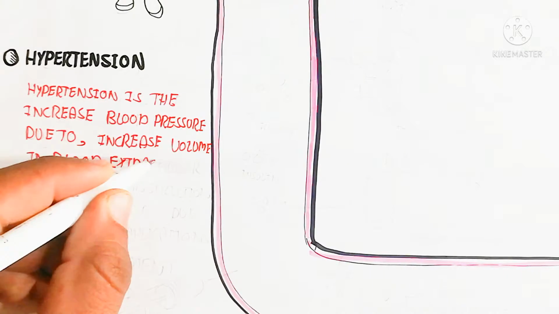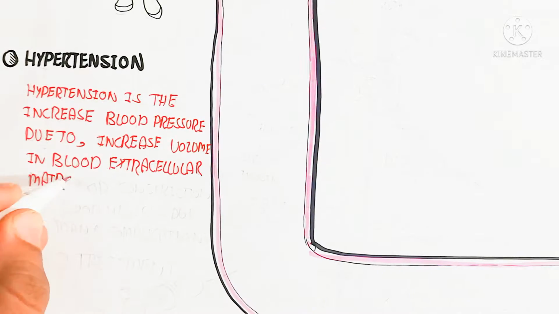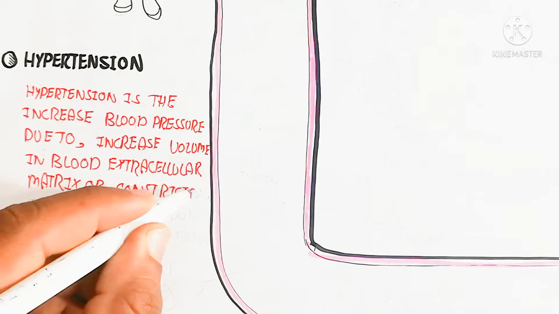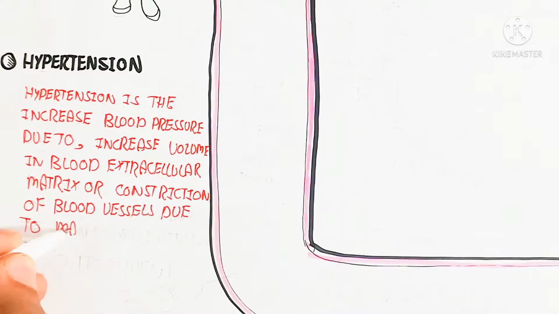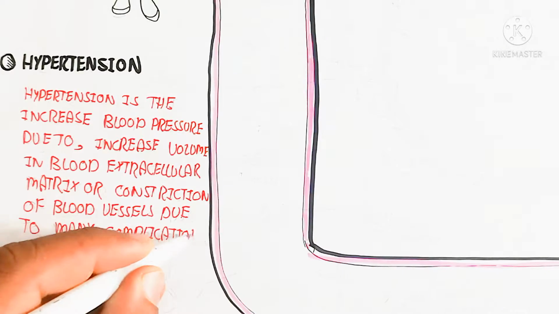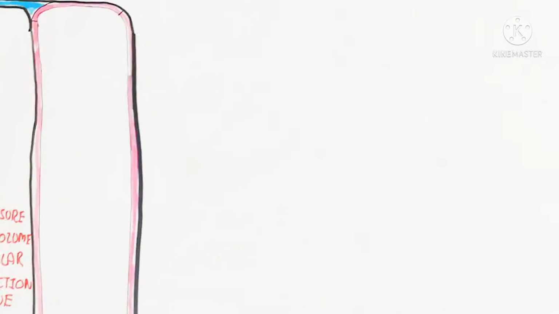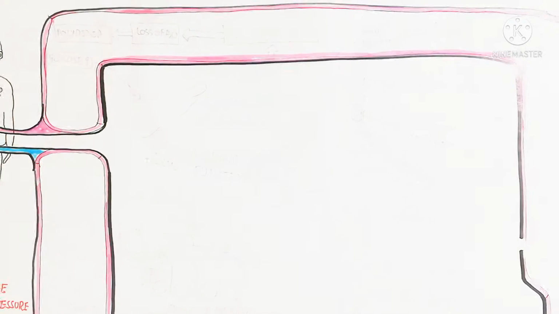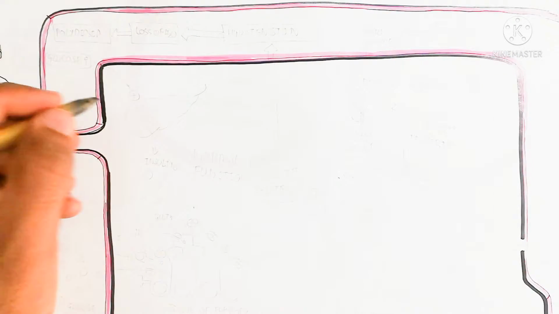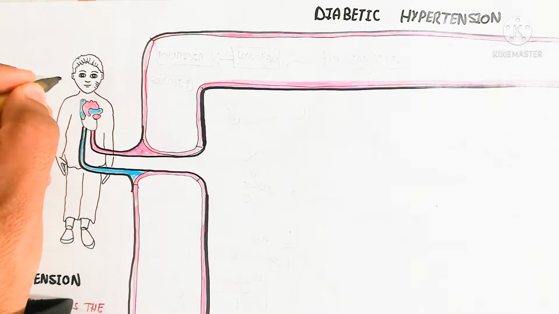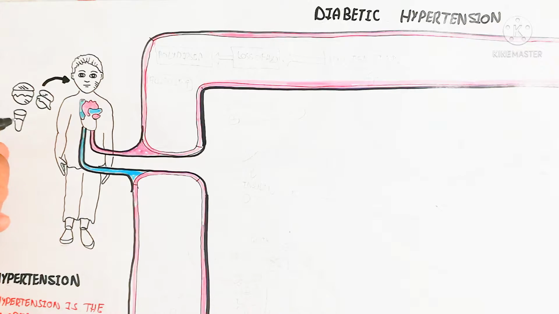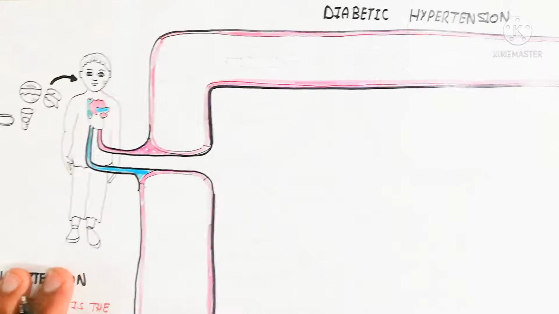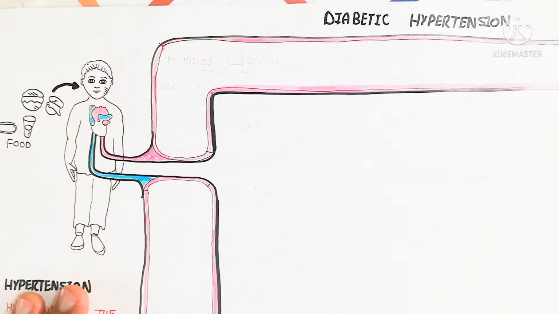There are many complications which lead to constriction of the blood vessel and increase the volume in the blood and extracellular matrix, while the inside of the blood circulatory system contains less water. How is it possible? Sometimes it will increase the blood pressure and sometimes decrease it, depending on the situation.